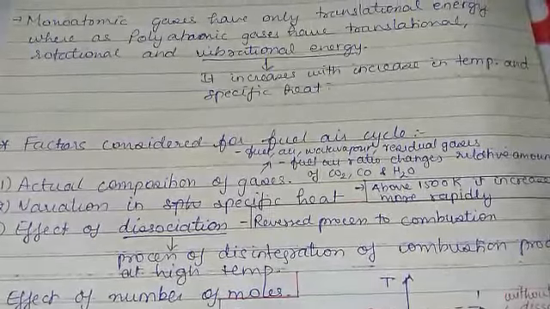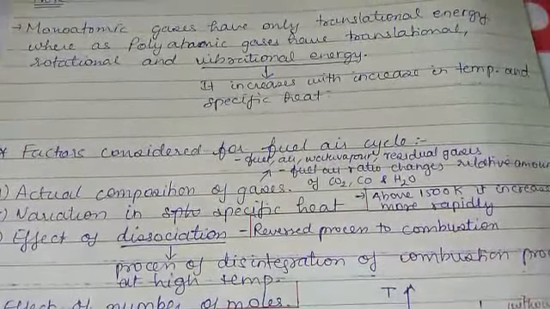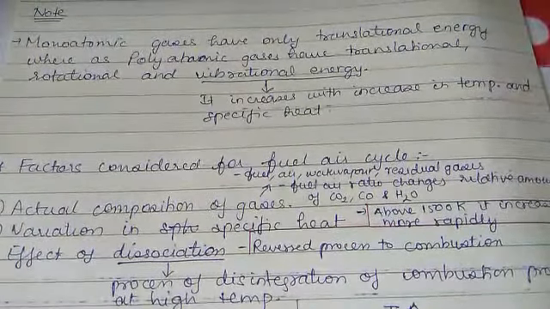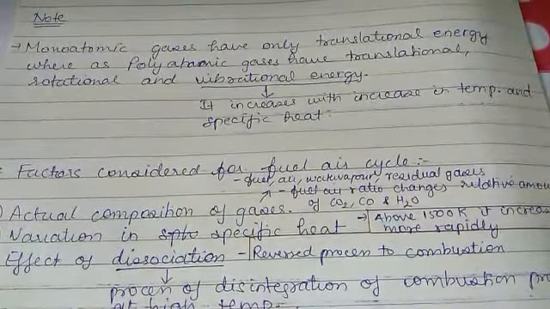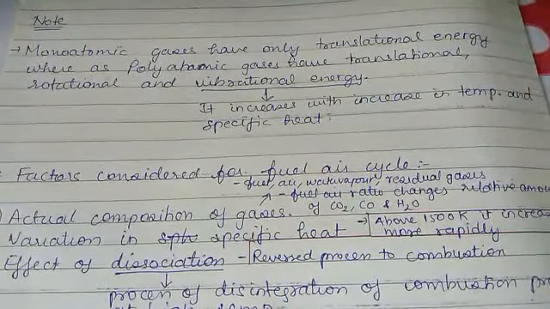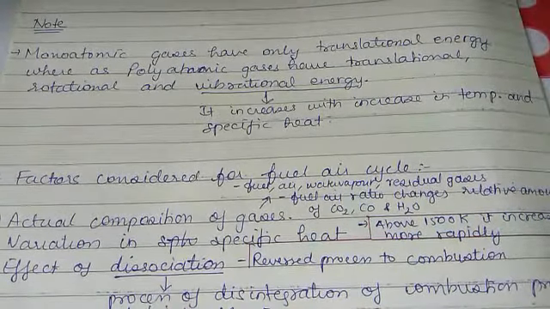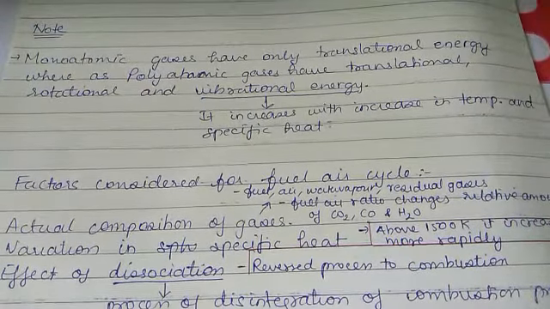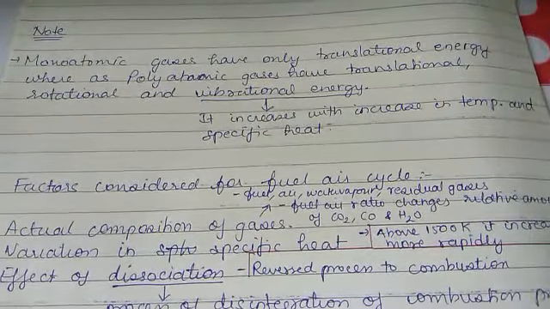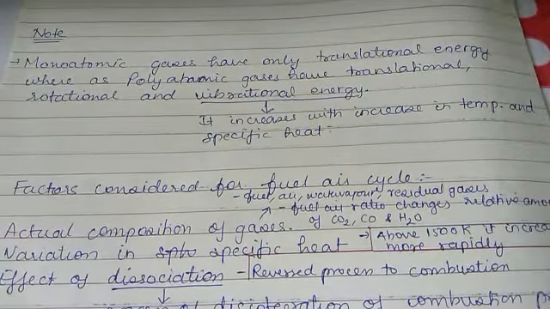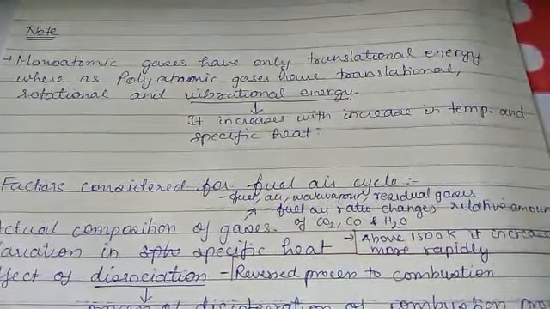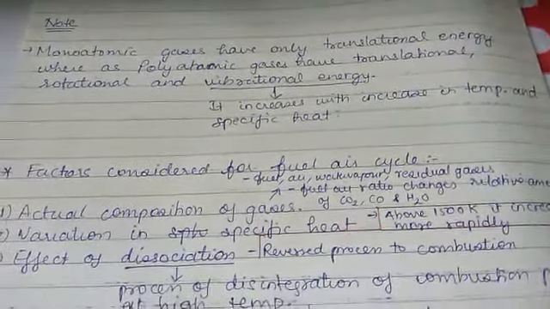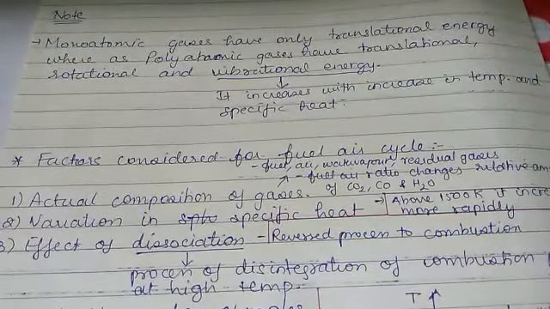First factor is actual composition of gases. That means the gases in the cylinder may contain fuel, air, vapor and residual gases, which will affect the efficiency of a cycle. Also, during combustion, the fuel air ratio changes the relative amount of CO and H2. The next is variation in specific heat.